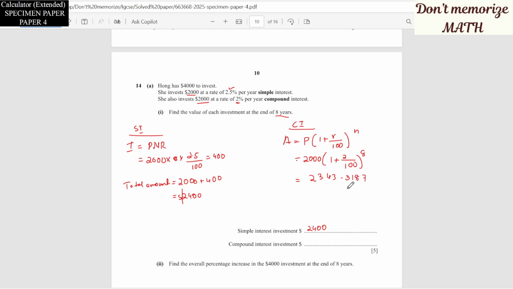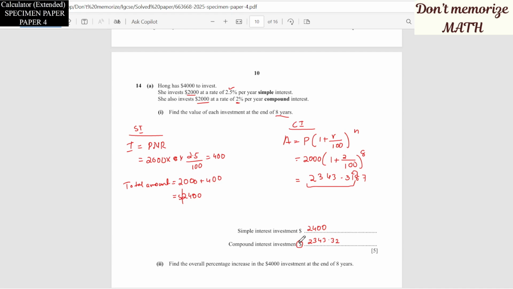Here it is money in dollars, so you can round and write in 2 decimal places. The next number is more than 5, so you add 1, so 31 will become 32. So the final amount is 2343.32. Why are we writing in two decimal places? The amount is in dollars.